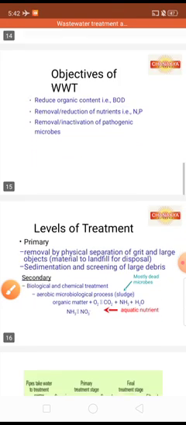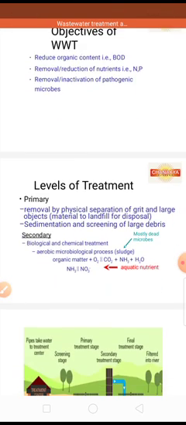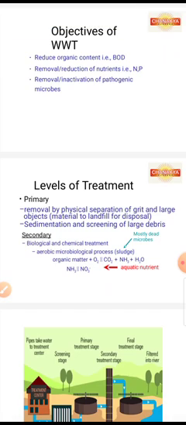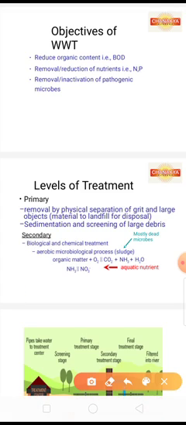How are we doing it? There are two main methods, primary and secondary. Primary is the physical separation, where we are removing the debris from it. Secondary is the main treatment.